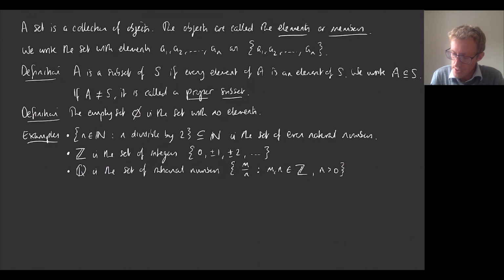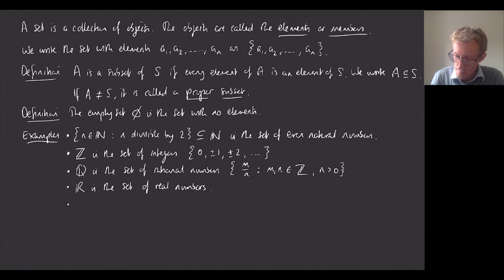These letters, by the way, with extra lines in them, this is called Blackboard bold font, and this is standard notation for these sets. You might see when you look in the typed lecture notes, some of them look a bit more fancy, but you don't need to make them look exactly like they look when they're typed. You just need to stick an extra line in them, and that'll do the trick. So we also have the set of real numbers. That's something that you're going to talk a lot about in the analysis course, so I won't say anything more about that.